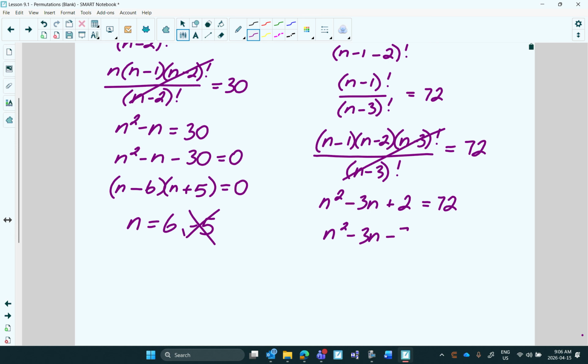So that gives me minus 70. I'm ready to factor. What works? Negative 10, positive 7. Which means n equals 10 or negative 7. We can't have a negative. So our answer is just 10.